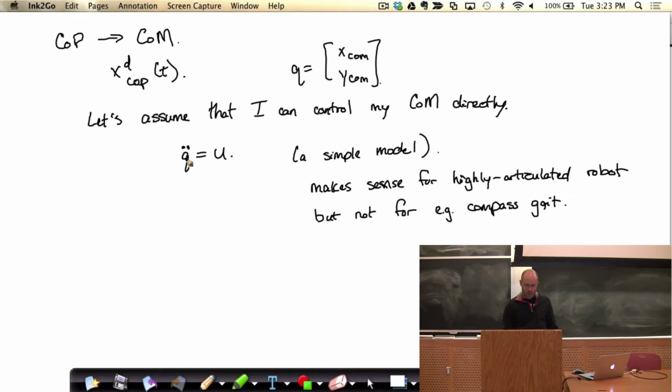Okay, and I can put down extra constraints. I can list all my constraints on Q double dot if I like. But it turns out if we've designed our center of pressure trajectory, we can often get away by ignoring these constraints.